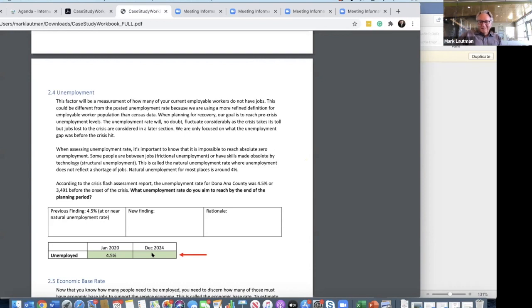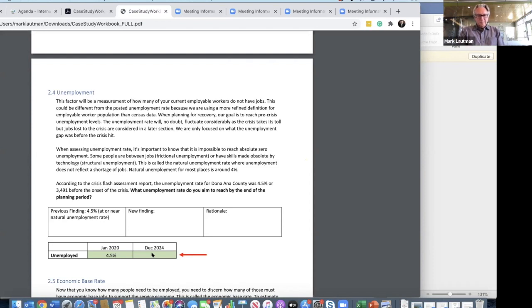Right. There's always going to be frictional unemployment. If you're looking at the 6%, that's a number of people you're going to have to find jobs for. But regardless of what you do, you're not going to get below the 4.5% if that's your frictional unemployment. So there's always some frictional unemployment going on there.